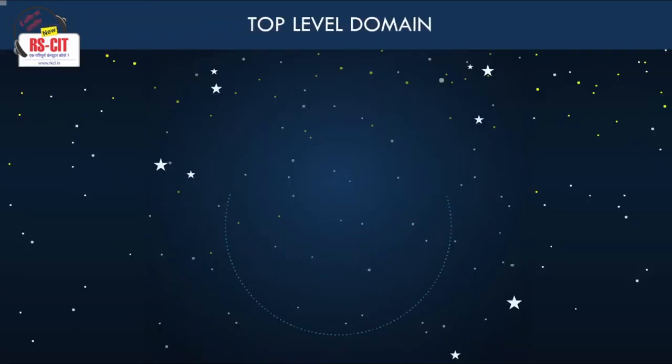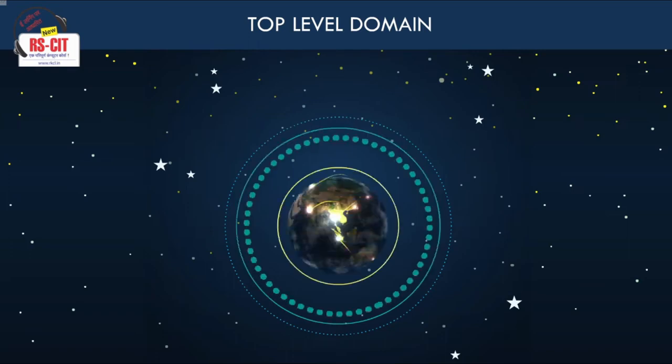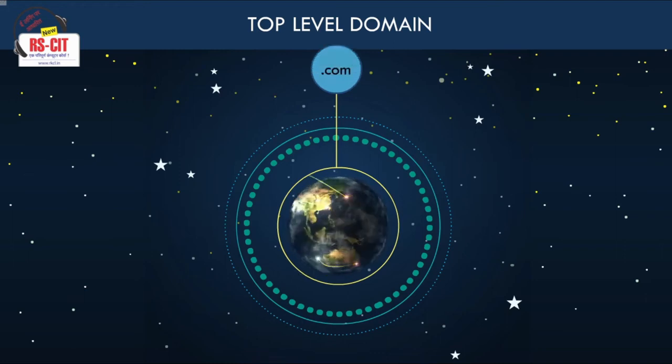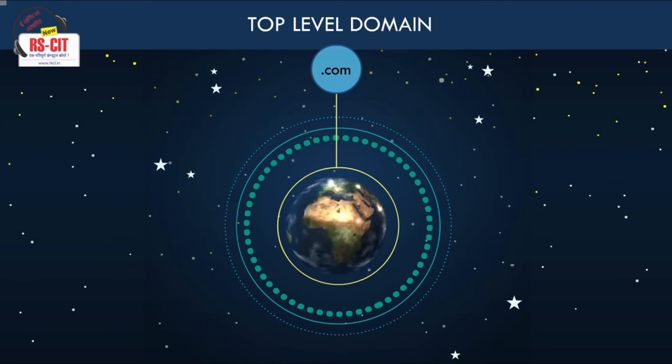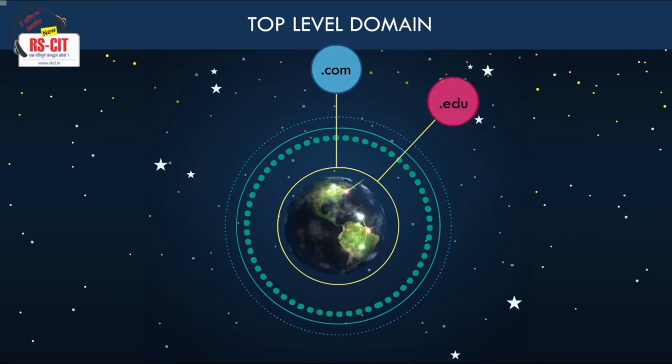Few examples of TLDs, that is, top-level domains, are shared below for reference. Top-level domain .com. Original intended use commercial. Examples: www.yahoo.com and www.google.co.in. Top-level domain .edu. Original intended use educational institutions.